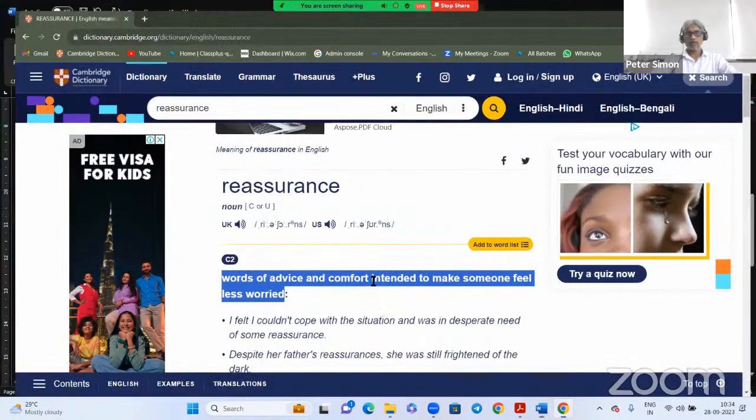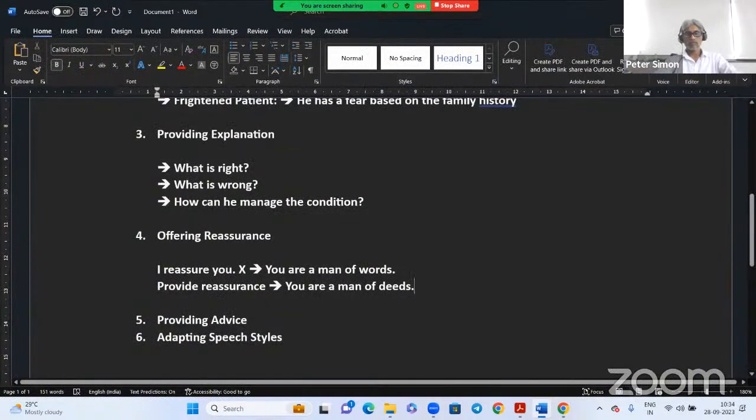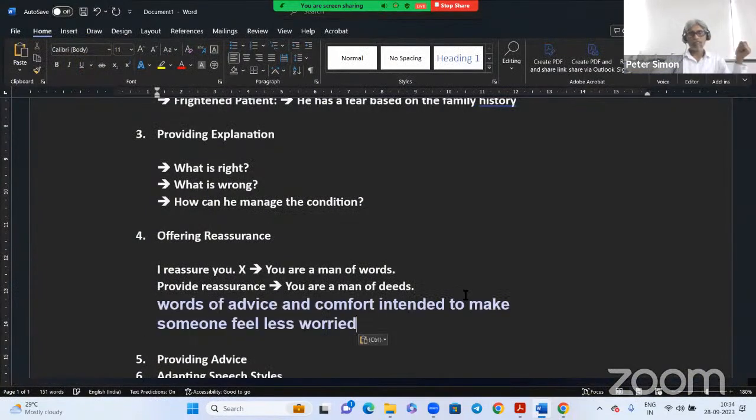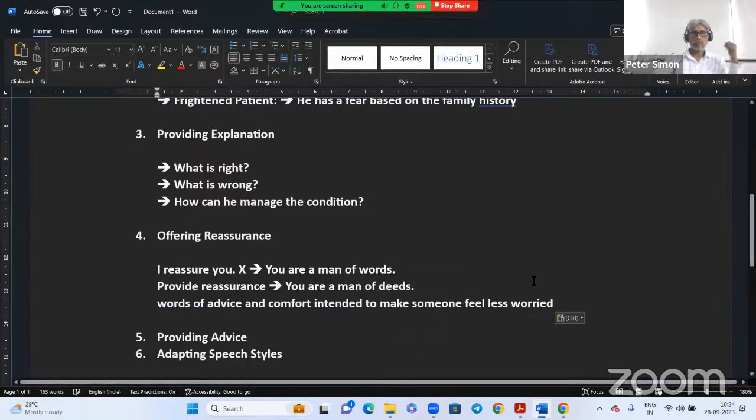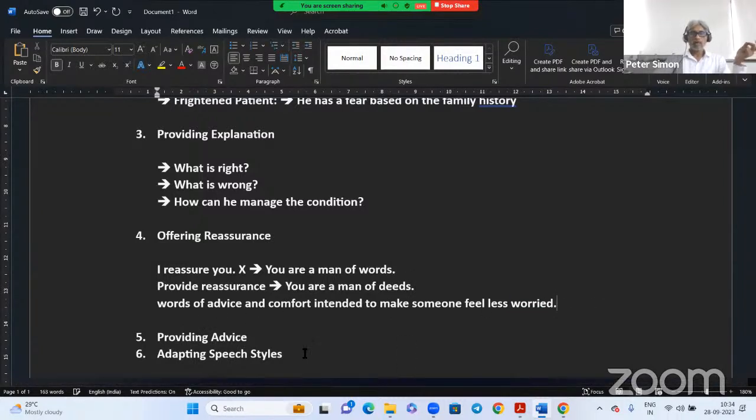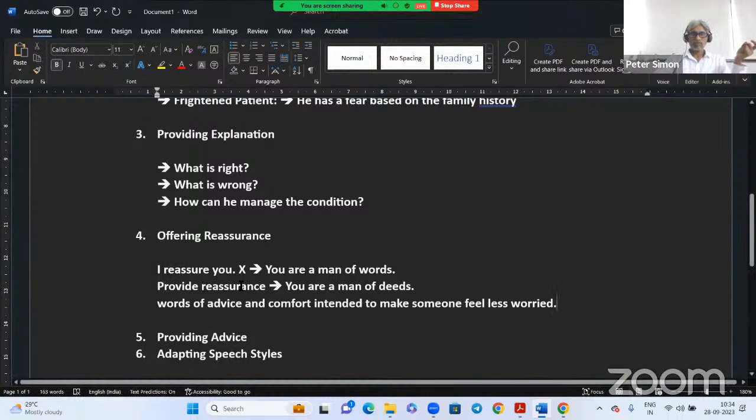I hope you understand now. So this is the point here. You have to provide reassurance. The meaning of reassurance is this. Reassurance is equal to this.